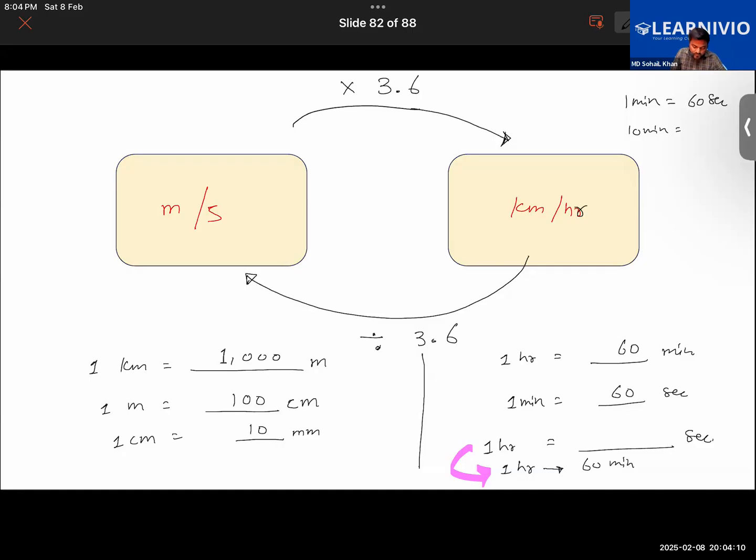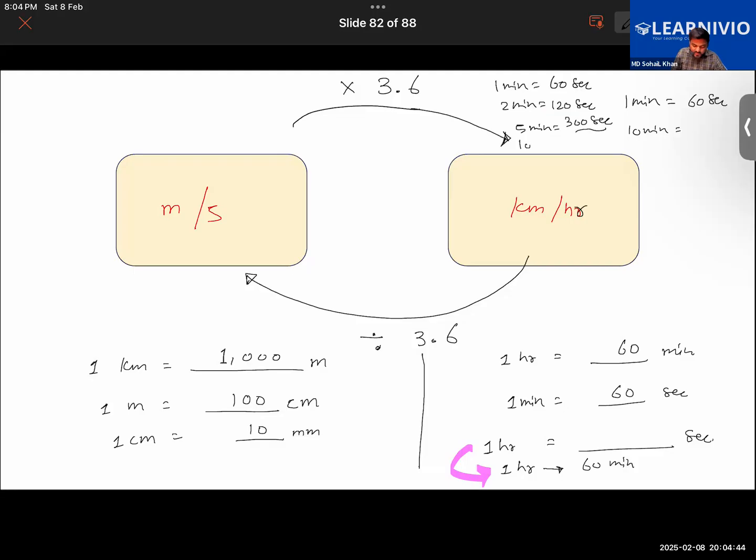Do the maths. 1 minute equals 60 seconds. Pay attention to this. Thereby 2 minutes is equal to 120 seconds. 5 minutes? 5 multiplied by 60 is 300 seconds.